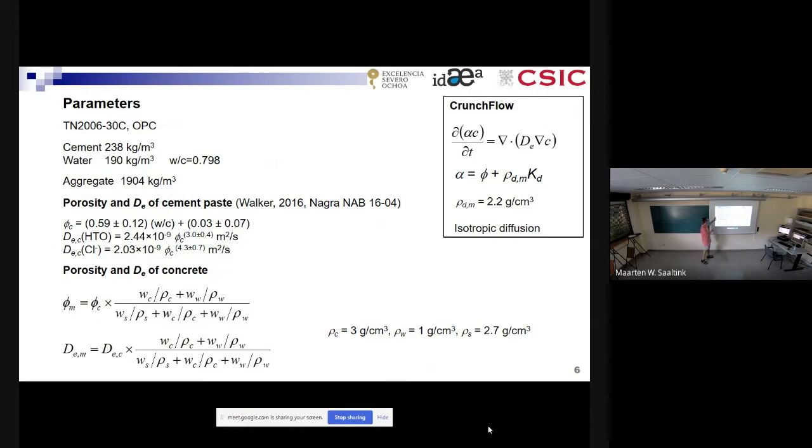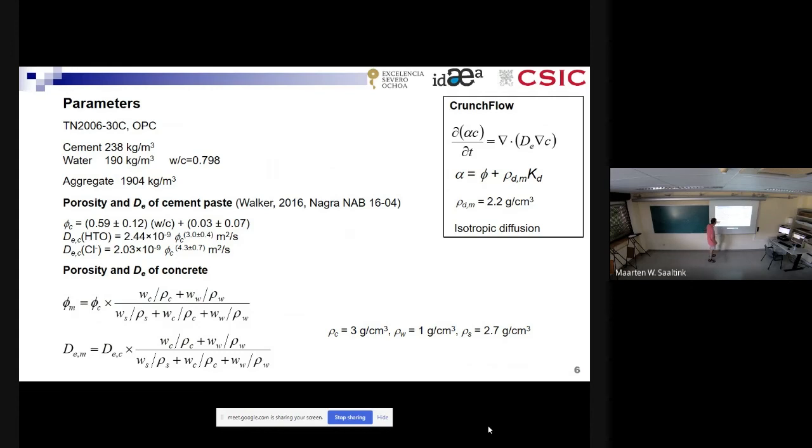So I have to upscale. I have to take into account that I have the cement plus the aggregate, so this correction comes in. The porosity or diffusion coefficient in the mortar or concrete is the value in the cement multiplied by this factor.